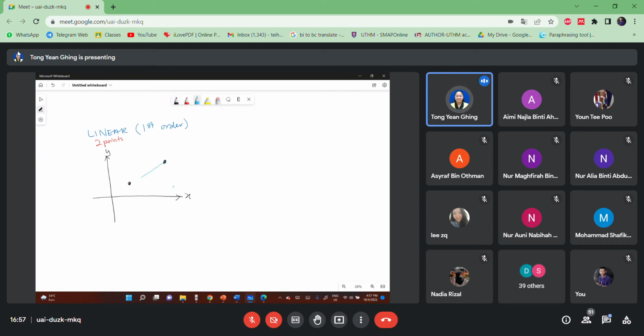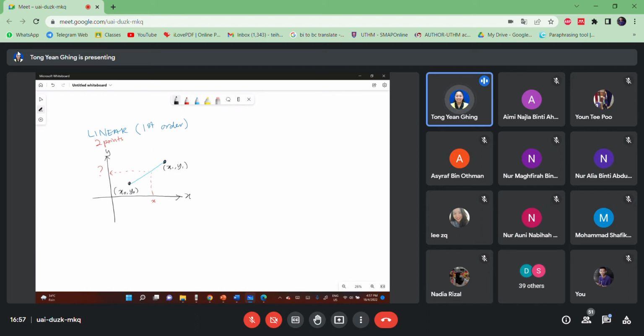So the graph is like this. Maybe let's say this is x, and this is the value that we want to find. This is x naught, this is y naught, and this is x1, this is y1.